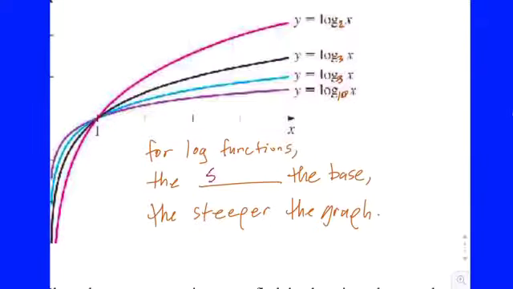We'll switch flavors here. Smaller. Cranberry flavor. All right. So that's realistic, right? If for exponentials the bigger the base, the steeper the graph, then as you reflect those across the line y equals x, they're going to be closer to the x-axis. So it's the reverse, if you will, or the inverse. So for log functions, the smaller the base, the steeper the graph, okay? The smaller the base, the steeper the graph.